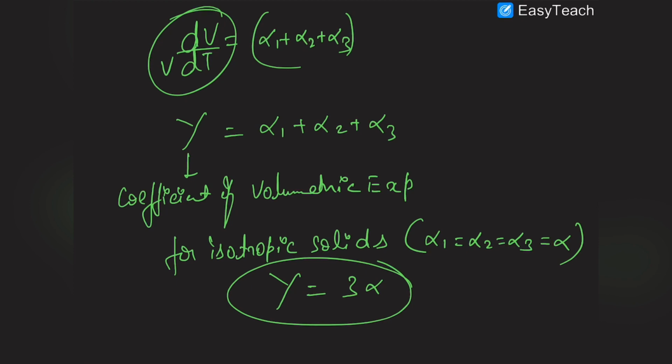Now you should always remember that volumetric expansion is observed in all solids, gases and liquids, as obviously gases and liquids have volume, but they do not have any length or area.